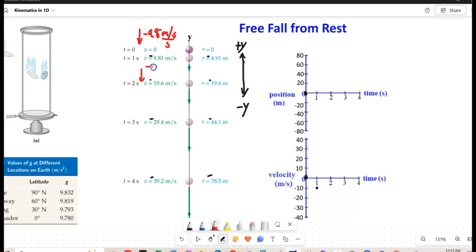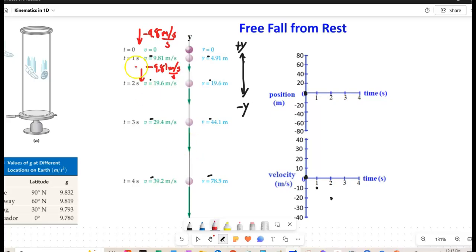And now we're going to add another 9.8 meters per second for the next second, which now you're going to be going at 19.6, which is 2 of those velocities added. So now you're traveling at about 20 meters per second downwards.